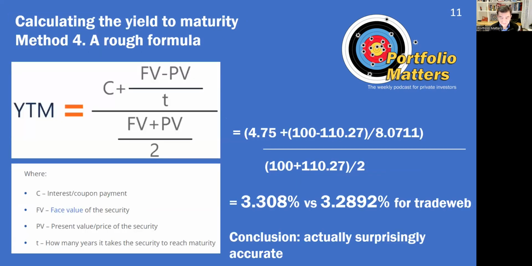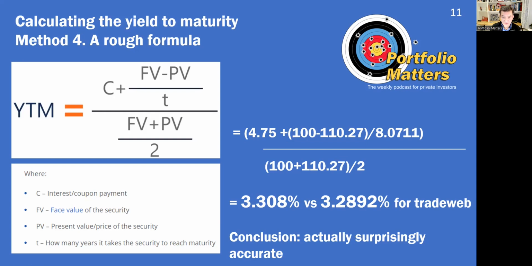And finally, you can use this rough formula. So yield to maturity equals the coupon payment, and that is the absolute coupon payment. So in the case of the 2030 gilt, it's 4.75 plus the face or par value of the bond, which in this case is 100, minus the current market price, divided by the number of years to maturity, which is 8.0711, as we know.